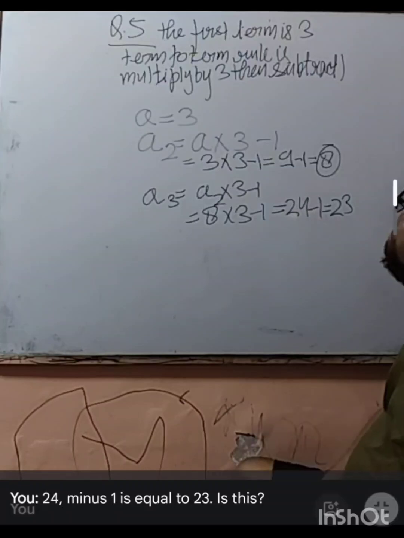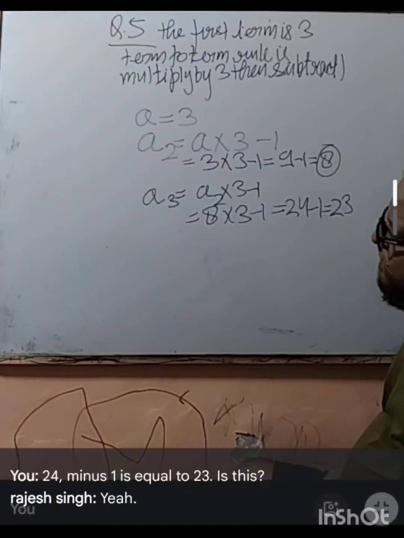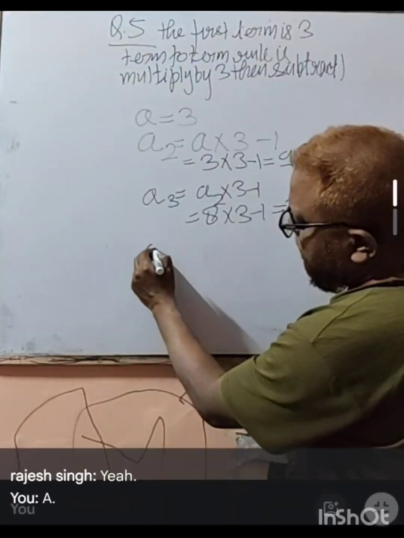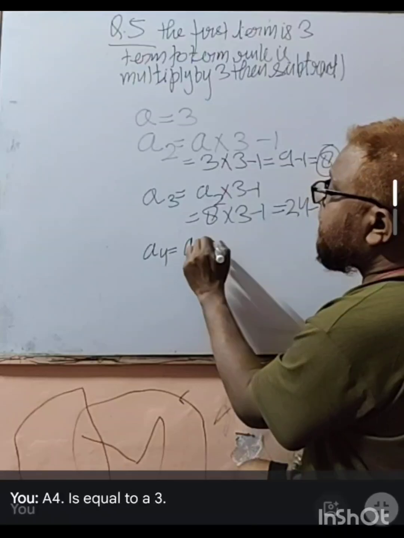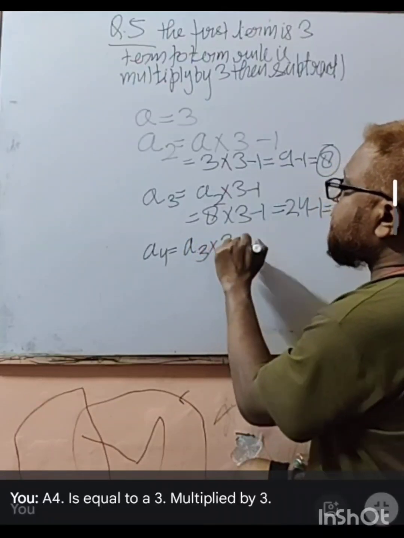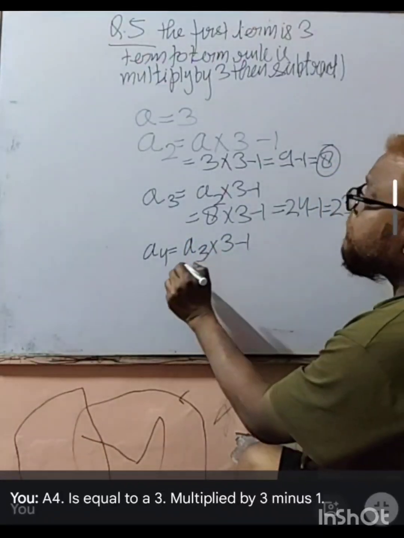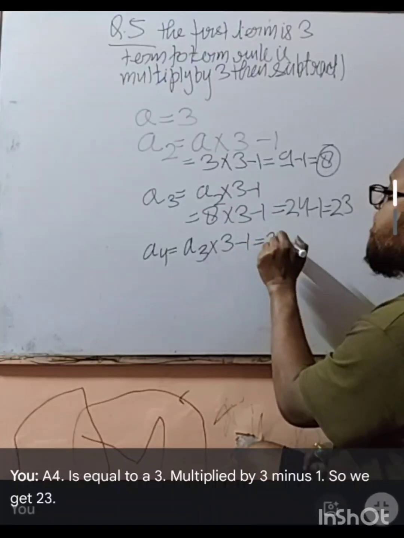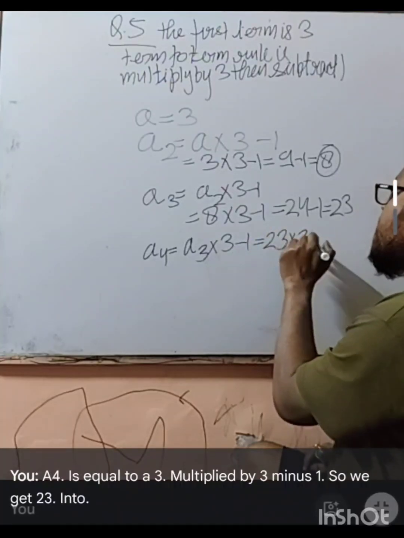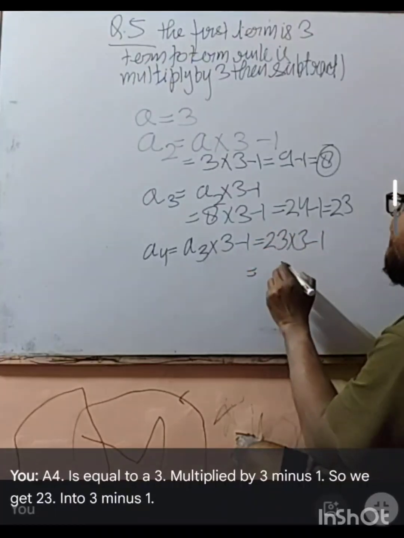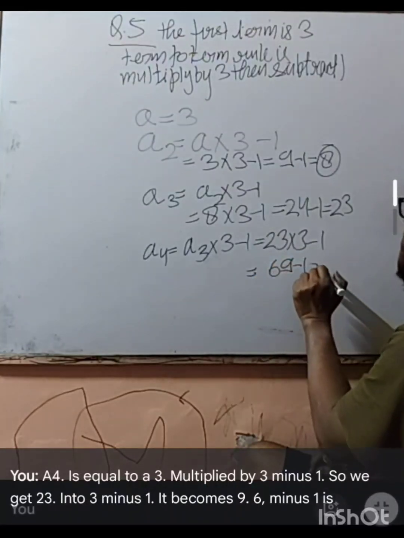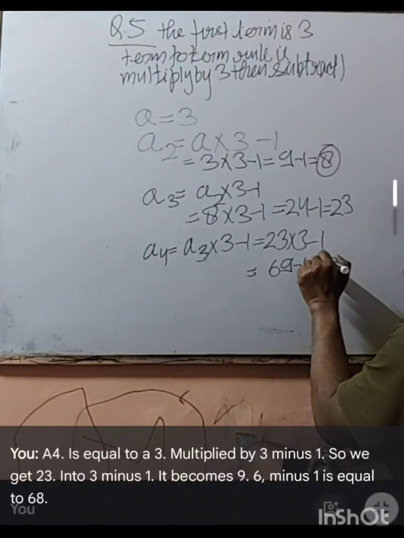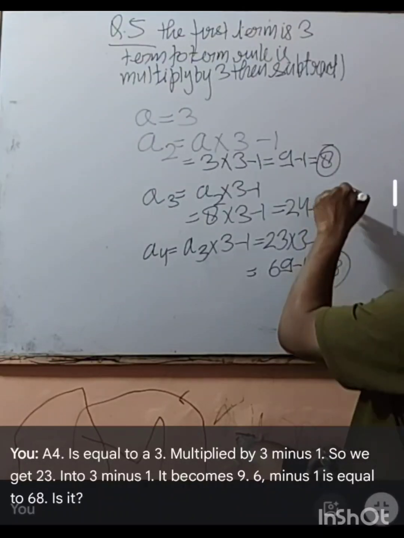A4 is equal to A3 multiplied by 3 minus 1. So we get 23 into 3 minus 1. It becomes 69 minus 1 is equal to 68.